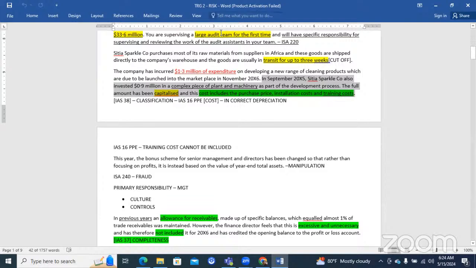Is my explanation understood, students? Is it clear? The first problem is cutoff. Cutoff comes under inherent risk. The second problem, 1.3 million classification, revenue or capital, research cost or development cost.